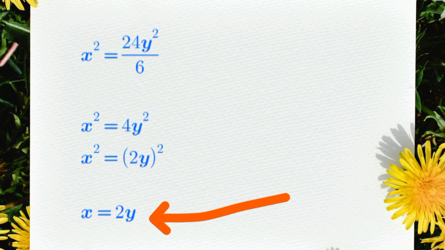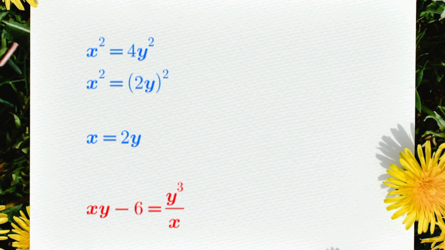So again we are going to bring down our equation 2 from the question, that is the second equation we got from the question, that is xy minus 6 is equal to y cubed all over x, and this time we substitute the value of our x, which is 2y.